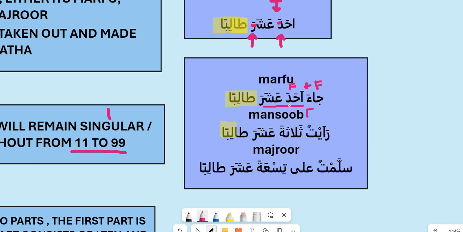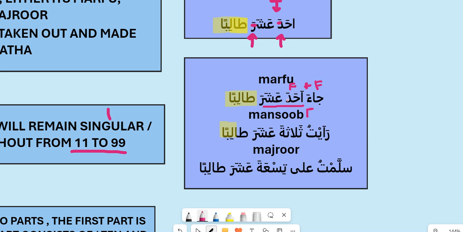So can you see the changes on the last letter? It is not a dhamma, but a fatha. As I told you, it has become mabni on fatha, even though it's in a fail position. And as you know, the fail falls under the marfu position. It should have a dhamma over it, but it's showing a fatha.